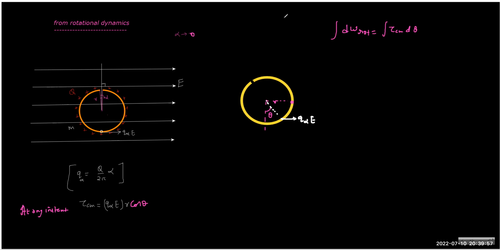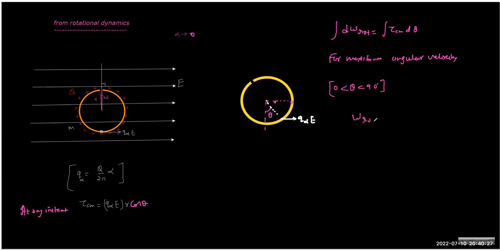I can say that till theta becomes 90. So for maximum angular velocity, theta must go from 0 to 90, or pi by 2.